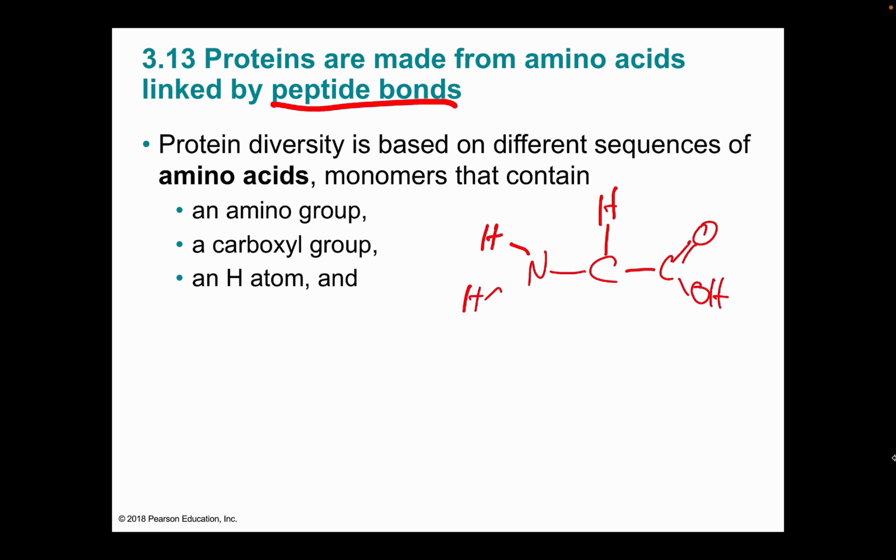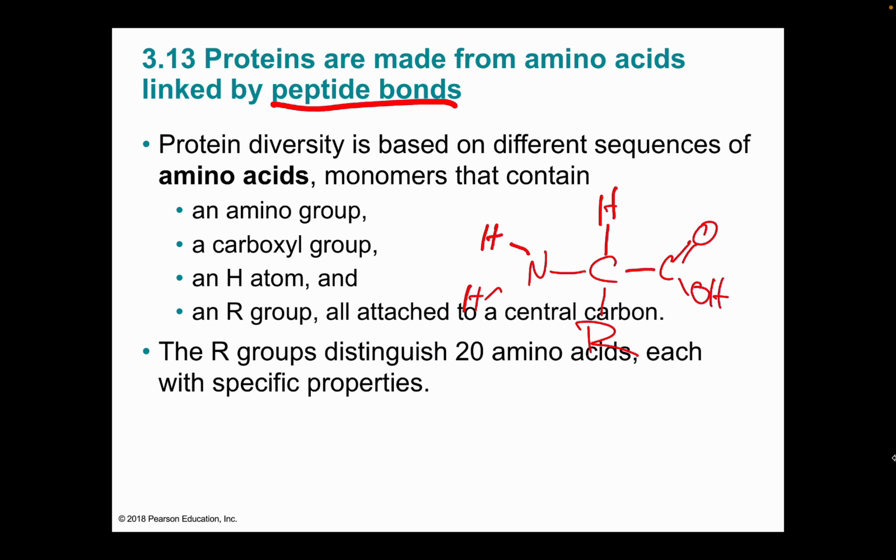All amino acids have that same basic structure, that central carbon bonded to those three things. The only place that they differ, the one thing that sets the 20 amino acids apart, is that fourth bond that we say is to an R group, which is just a placeholder for a variable. And depending on what that fourth bond is to, that's going to determine which amino acid you're dealing with, right?